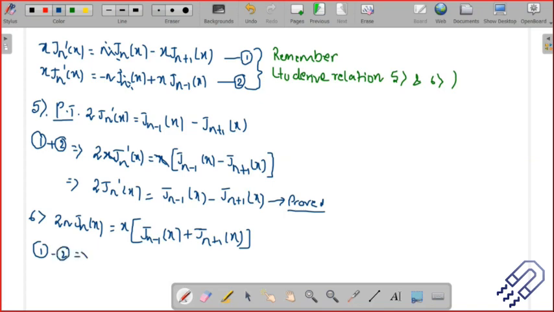Why obvious? This is 2n J n x. n is on this side, so if you take this n minus minus n, there will be 2n J n x. Then you just subtract one from the other and you get the relation. It's very simple. One is add, one is subtract. So remember the third and the fourth recurrence relations, and using those, you can find out the difference.